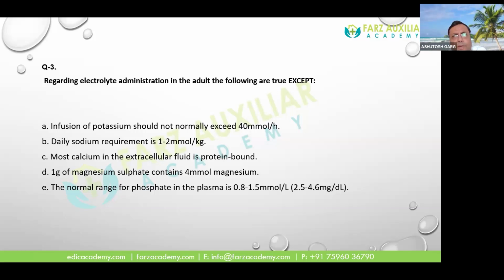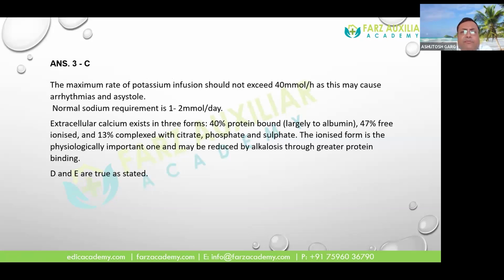So 4, then 2.5, then 2. Okay. So MPC. Remember this. So the maximum rate of potassium infusion should not exceed 40 millimole per hour. This may cause arrhythmias and asystole. Normal sodium requirement is 1 to 2 millimole per kg per day.